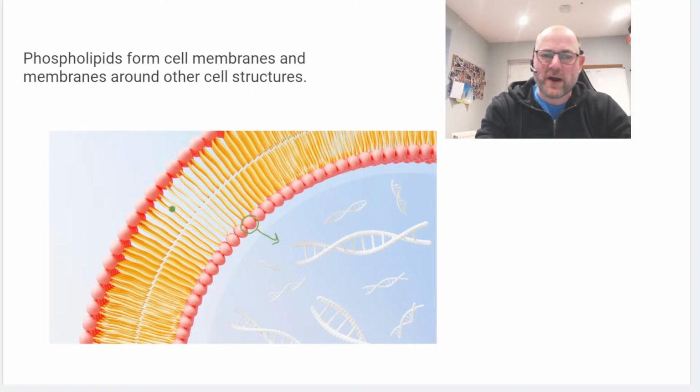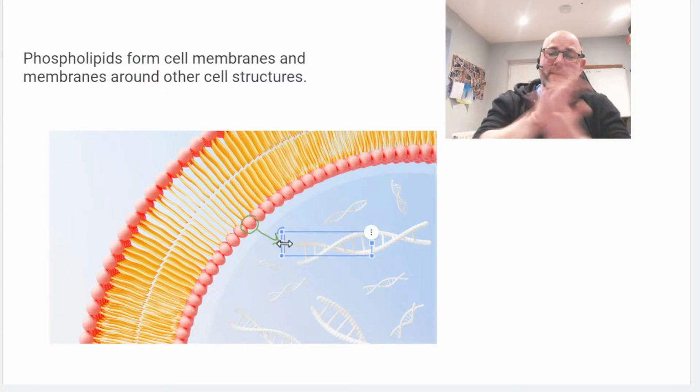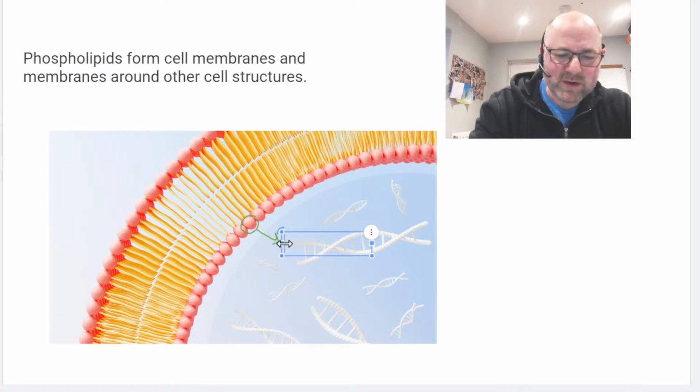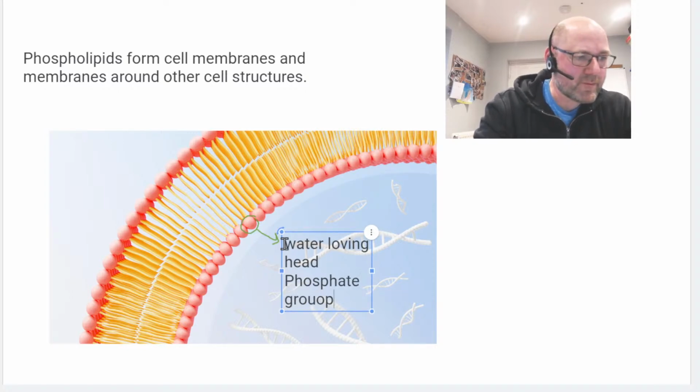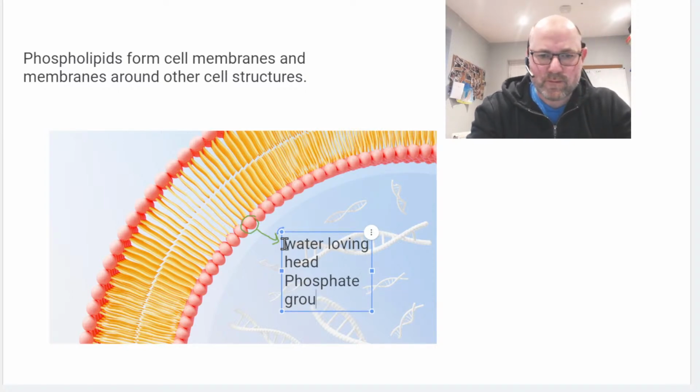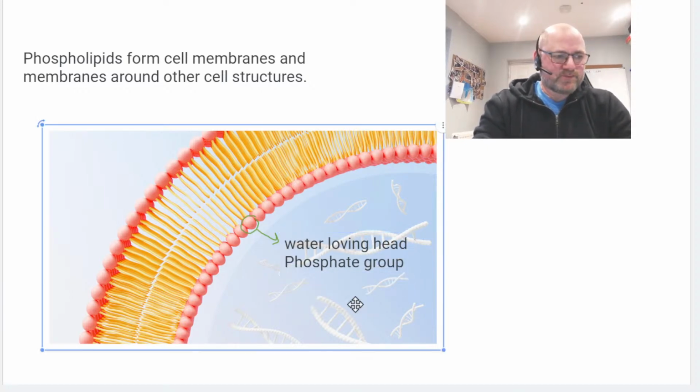This is a cell membrane or a membrane around a nucleus, it looks like, because there's DNA in there. There's lots of other things inside the membrane, but we won't do that till we get onto it. This is the water-loving head, the phosphate group.